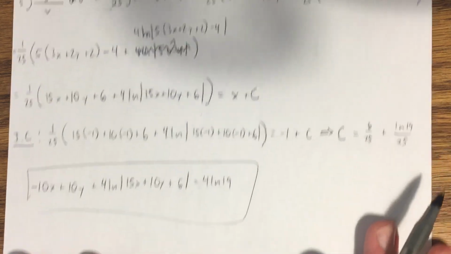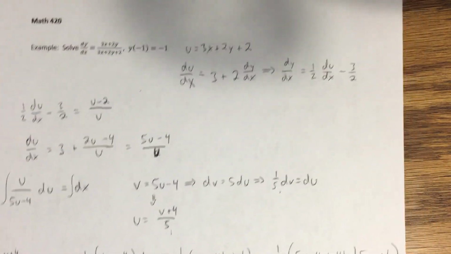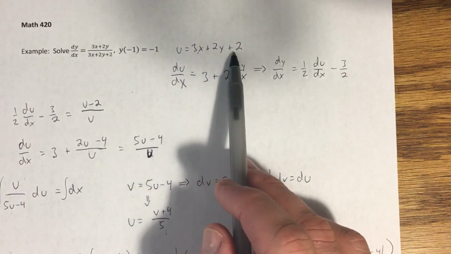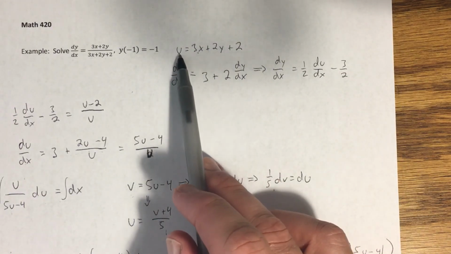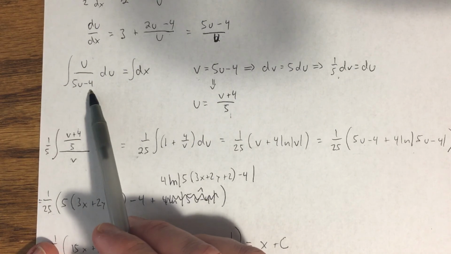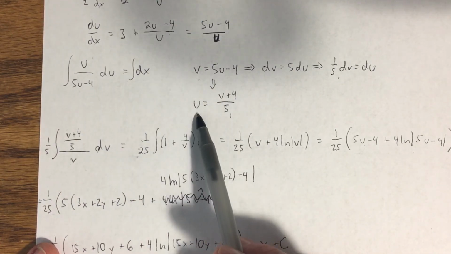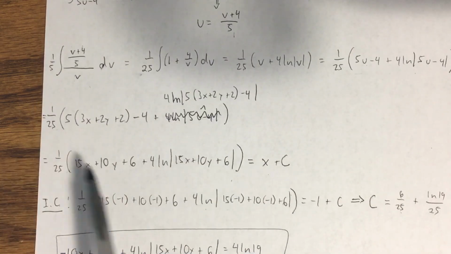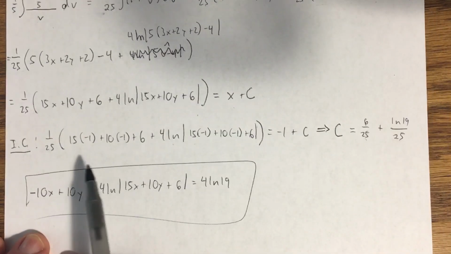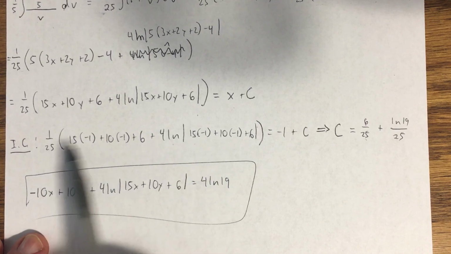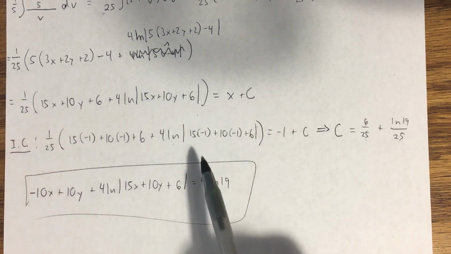Now this one was a pretty cumbersome one to work with, and the reason why is because the substitution that we made was this big expression. And then not only that, that u ended up in an integral where we had to make another variable substitution. So we went to a v, back to a u, which took us back to x's and y's, and it got really messy, and we had to plug in some numbers for our initial condition, and that was a lot of arithmetic, and we skipped a lot of that.